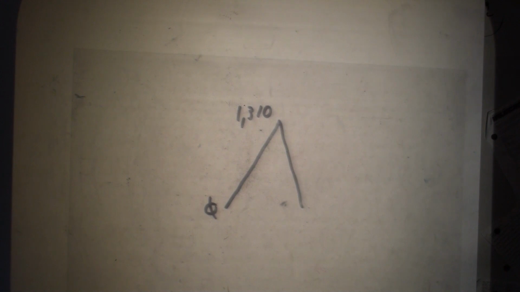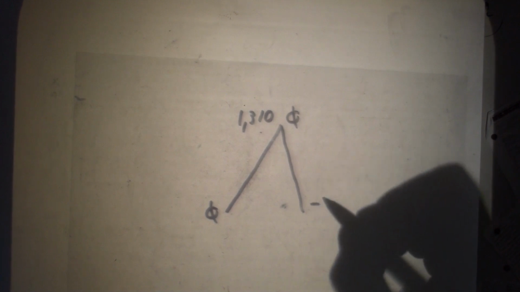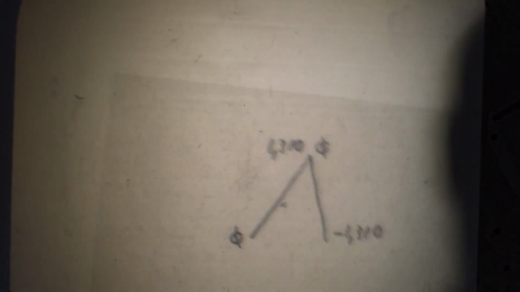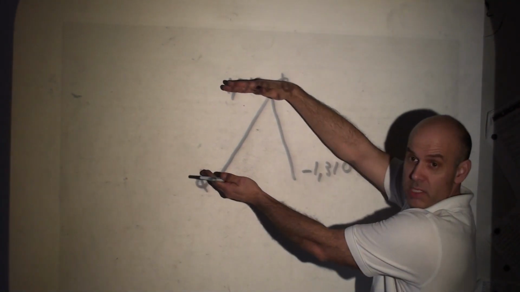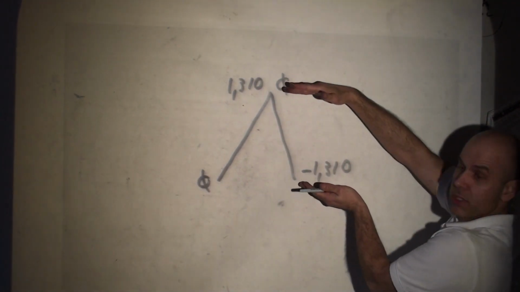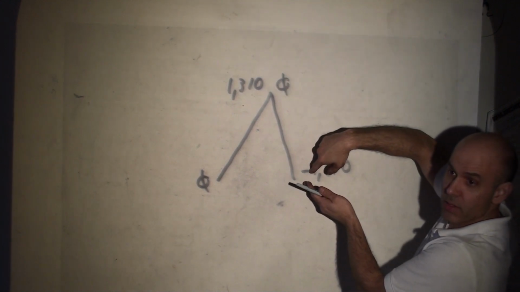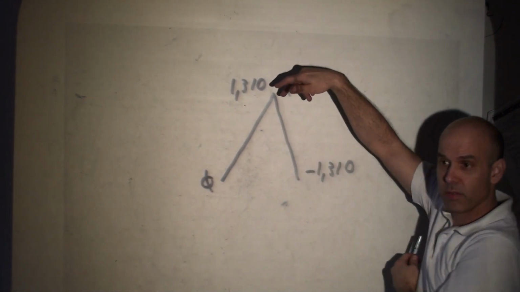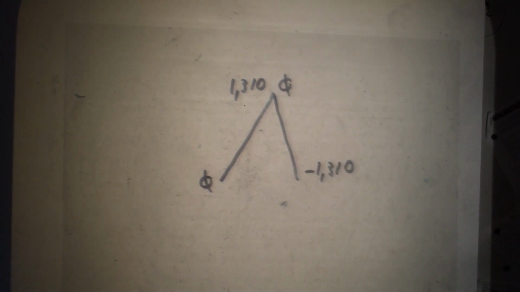You could say the top of the mountain is 0, and then measure down. The total difference is still going to be the same, 1310, 1310. It's just a matter of the sign. You could measure from the top of the mountain down, and you'll get the same overall change.